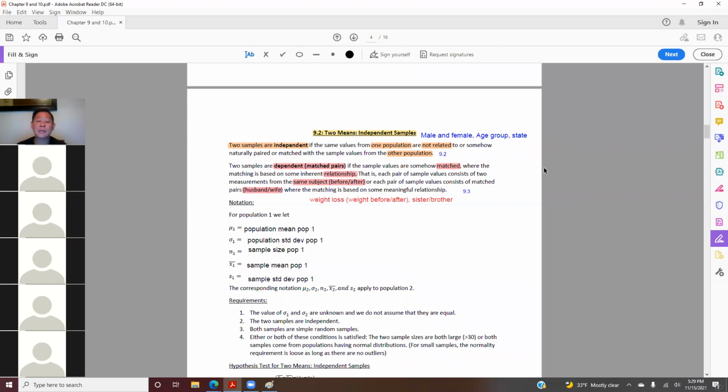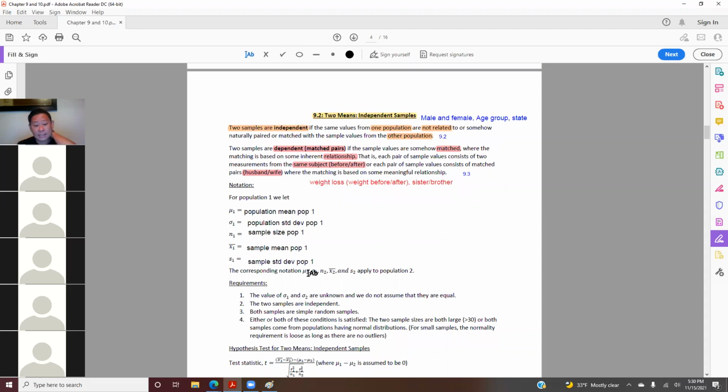The requirements. The first requirement says that sigma1 and sigma2 are unknown, and we do not assume they are equal. So this is the default. When I say default, it means you do not need to check it. This is always given to us.